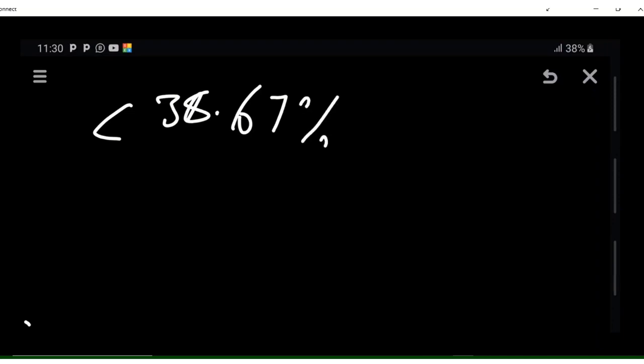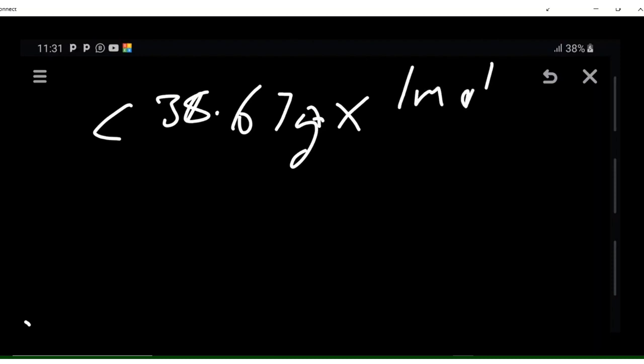Because we assume we have 100 grams of mass, to convert the percent to grams, what you have given, you just put a gram instead of percent.